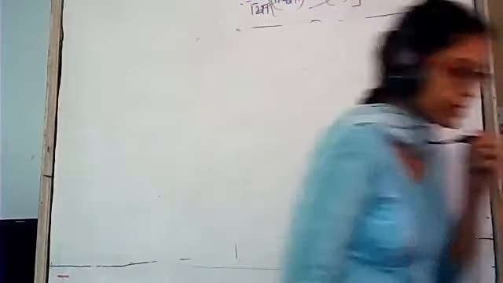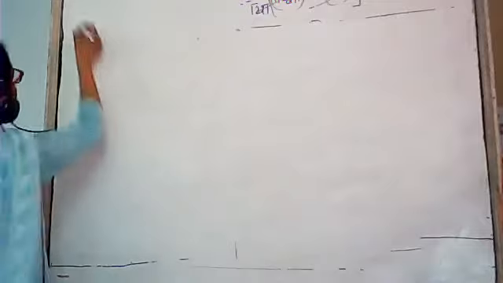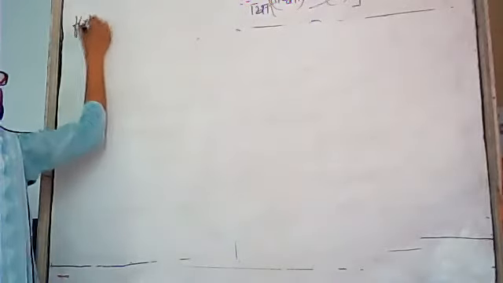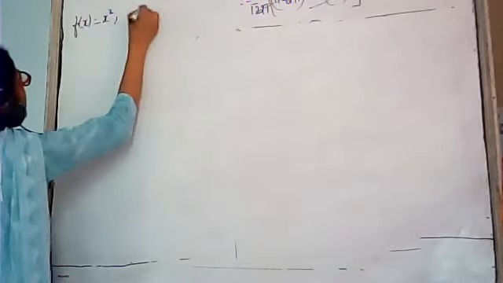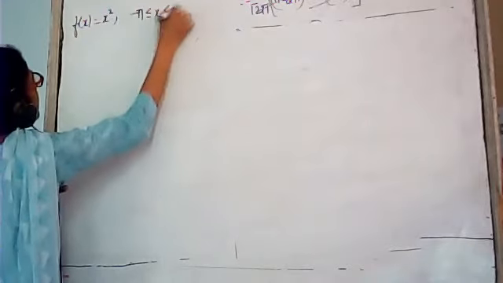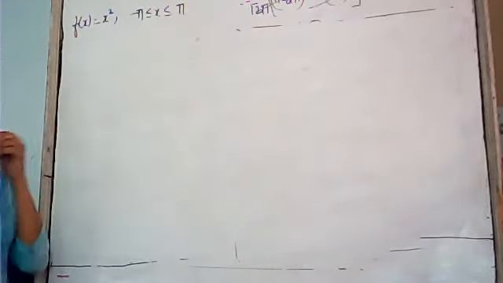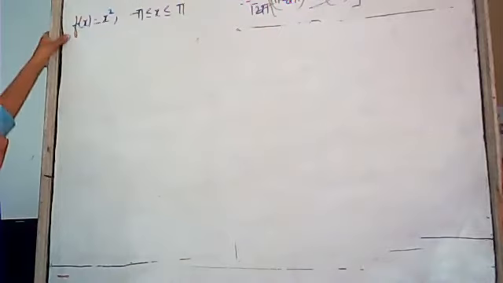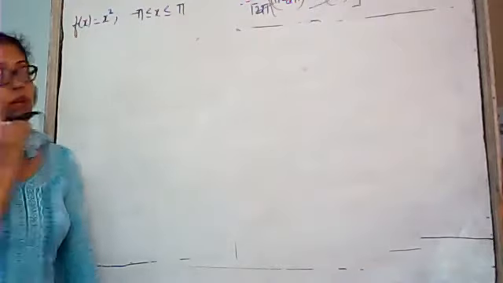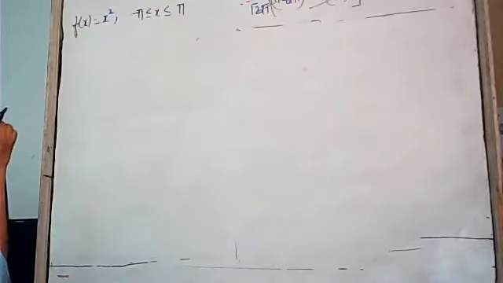Second question is: obtain the Fourier series for the function f(x) equals x square, where x varies from minus pi to pi.